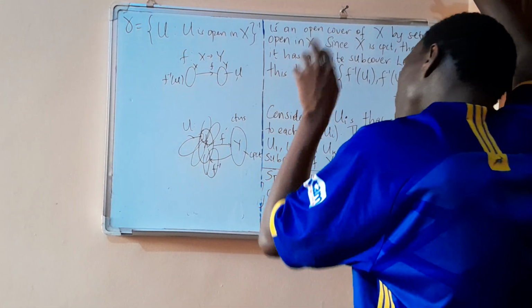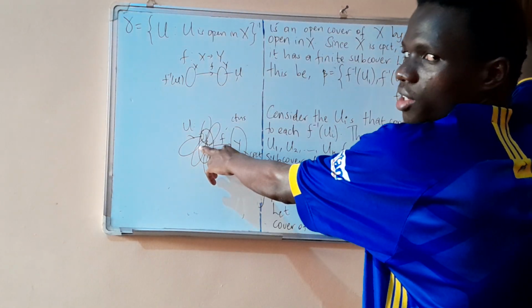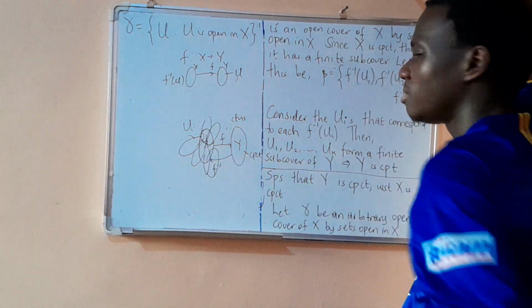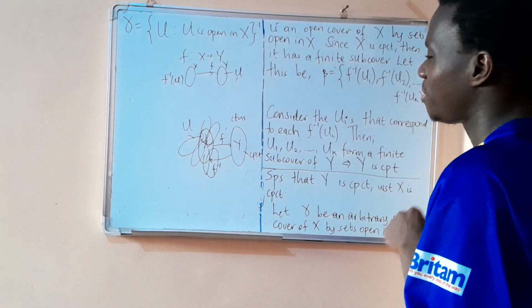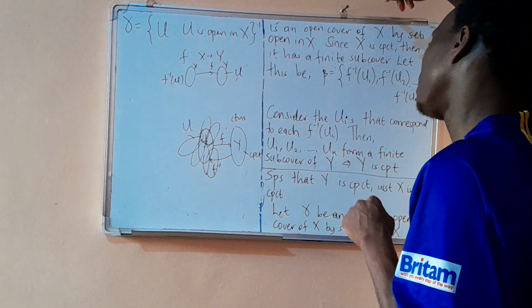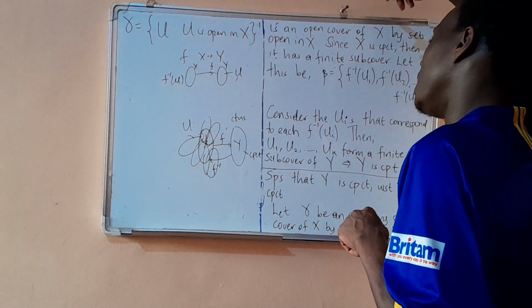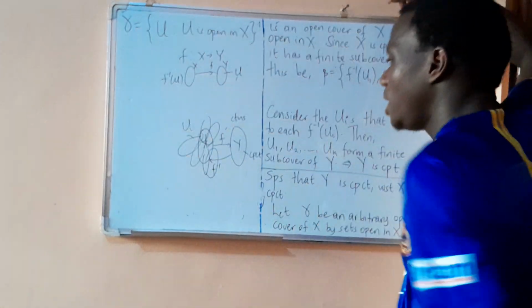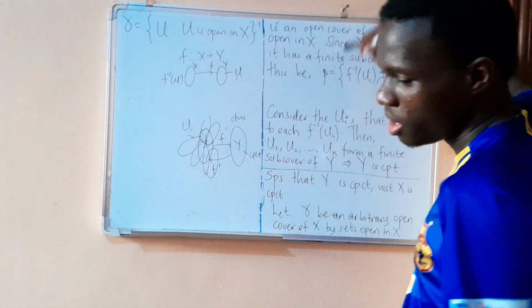So that means for each open set U in X, in the image, the inverse of F inverse, which is actually F, should be open.